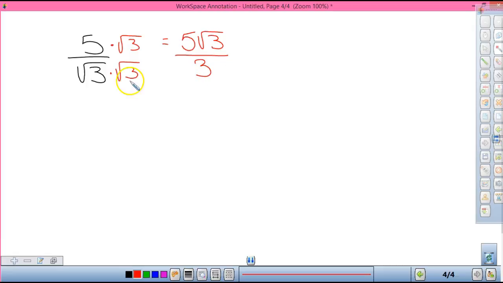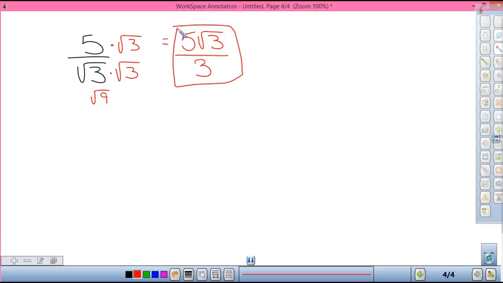Square root of 9. What's the square root of 9? 3. It cancels out the square root. Alright, so can I reduce that 5 over 3? No. So this big old fraction is going to be my answer.